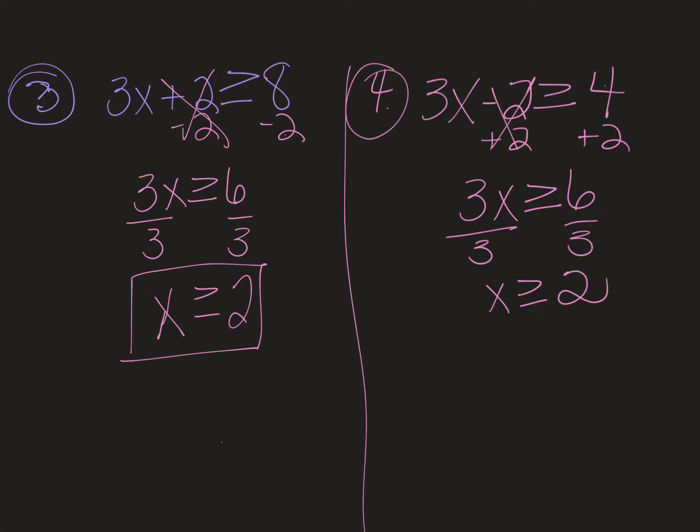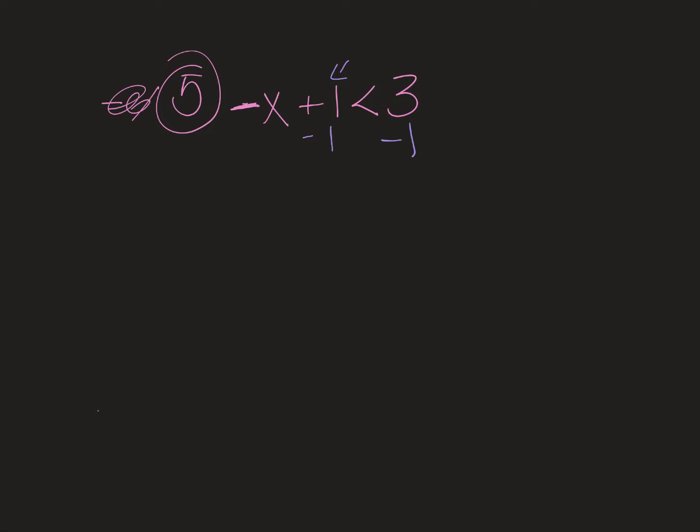Okay? Let's move on to number 6. Now, this is the case where it's going to change a little. So, excuse me, we'll go to number 5. Negative x plus 1 is less than 3. This is when we are going to be flipping the inequality sign. But first I'm going to subtract 1, and that's going to cancel.